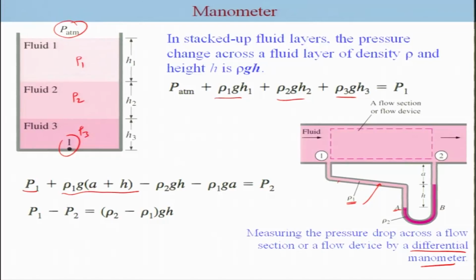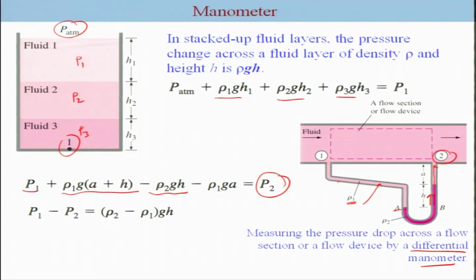Now, this P A is the same as whatever is at P B. So, we go from here directly to here, and now we are going up in the direction. So, we are going to subtract the rho g h from this term. That will be rho 2, because this is rho 2 g h here. Now, from here to here we are going to subtract rho 1 g A, and thus we find the pressure at 2.